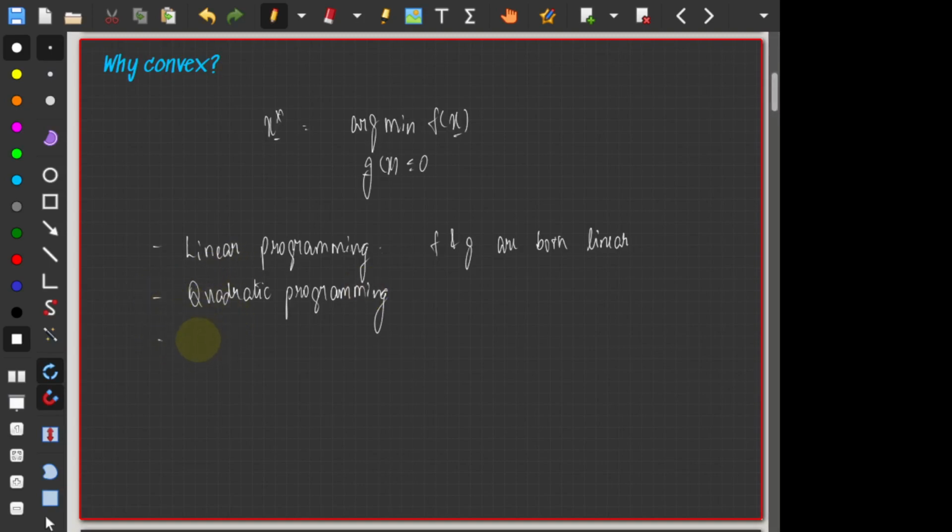There are a class of programs called semi-definite programs, wherein your constraints are in the form of some semi-definiteness constraint.